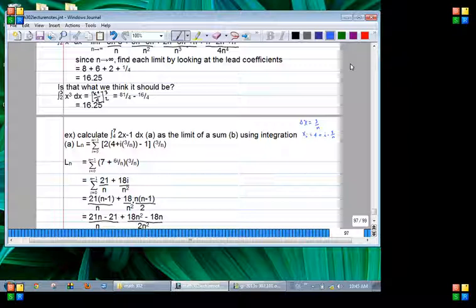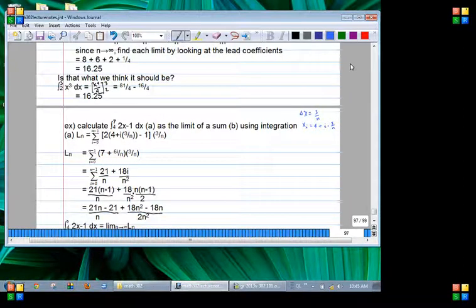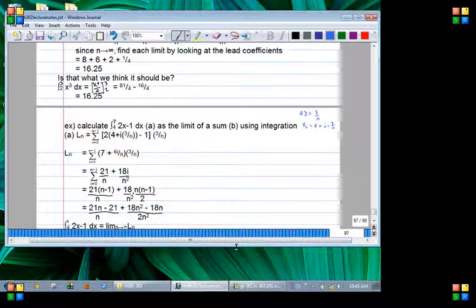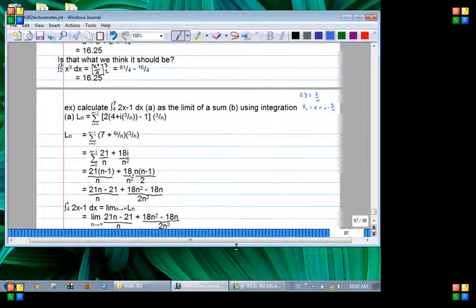So this is now an approximation of the integral. Now to get it exactly, take the limit as n goes to infinity of ln, which is the limit as n goes to infinity of that expression. The first fraction is going to give you 21. The second fraction will give you 18 over 2, which is 9.